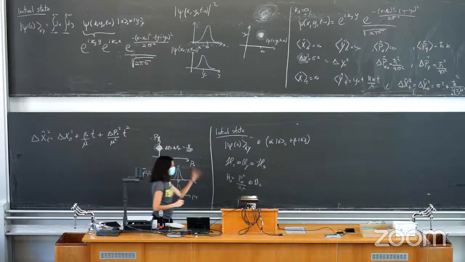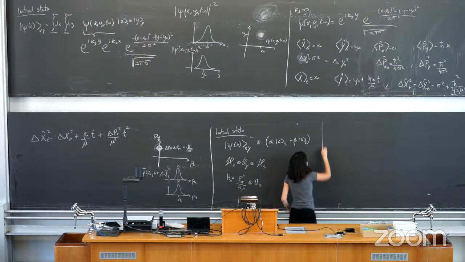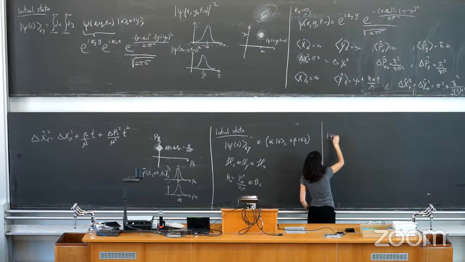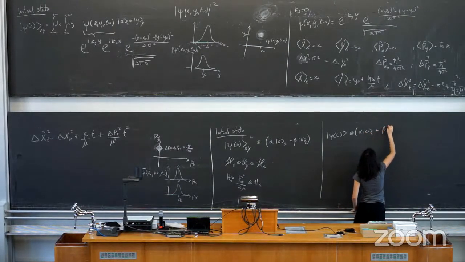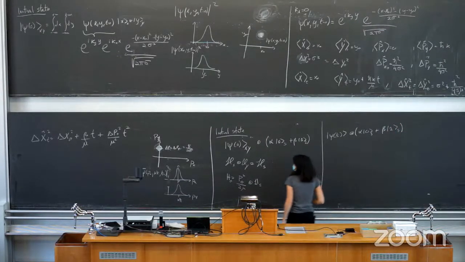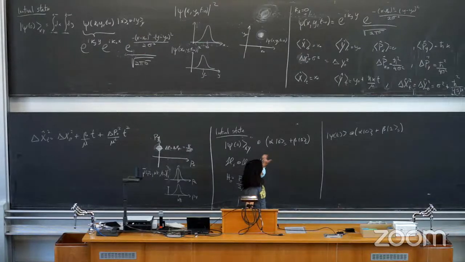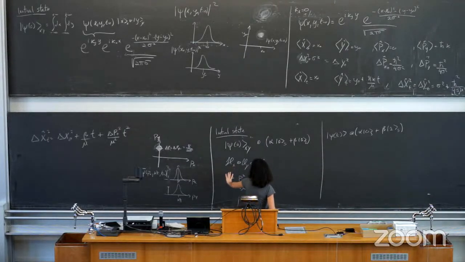Now at this point I have this psi of t, and I still have this alpha 0 in spin plus beta 1 in spin. And now I'm going to act with some interaction Hamiltonian, which is going to be like shooting a magnetic field.